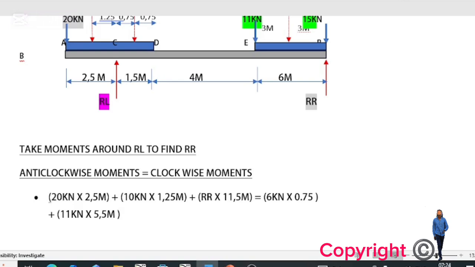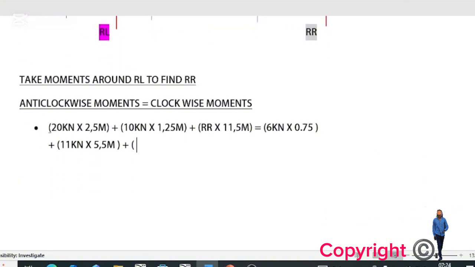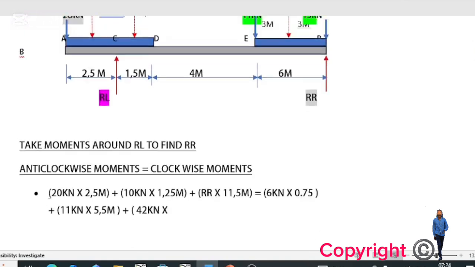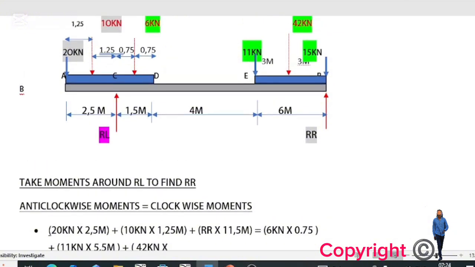Then plus this one, 42 kilonewton multiplied by the distance. Let's check, for 42 kilonewton, it will be 3 meters plus 4, which is 7 meters.